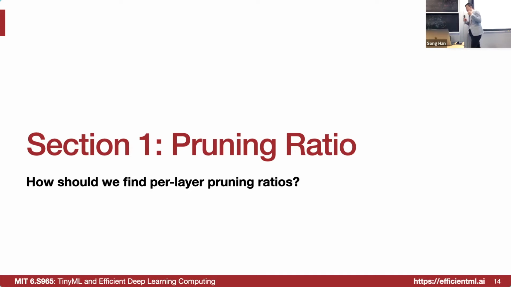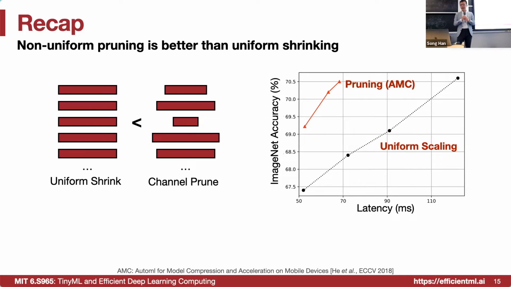So without a heuristic, we can come up with different heuristics which require a lot of fine tuning. So let's see, should we uniformly shrink versus non-uniformly shrink the model? Here we compare uniformly shrinking all the layers using the same sparsity ratio versus channel pruning, where some layers get pruned more, some layers get pruned less.